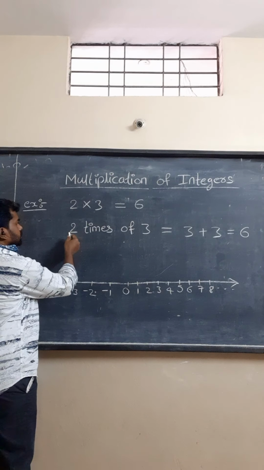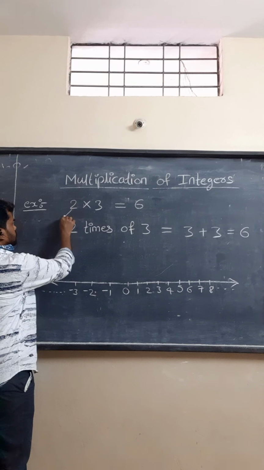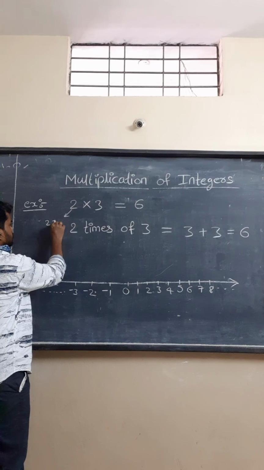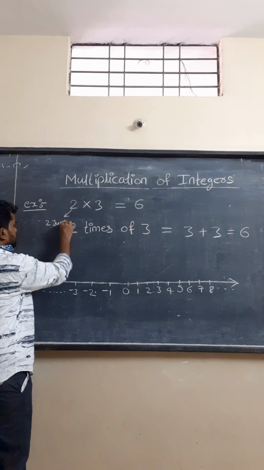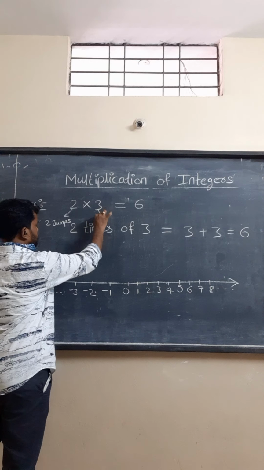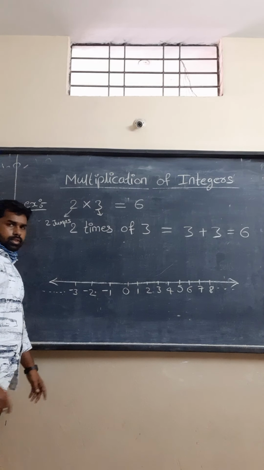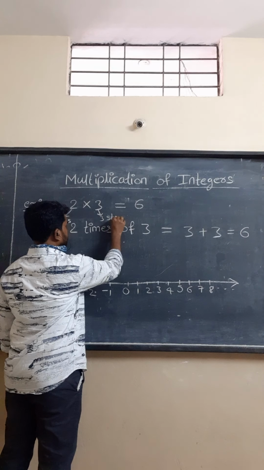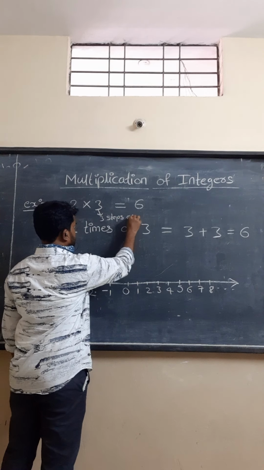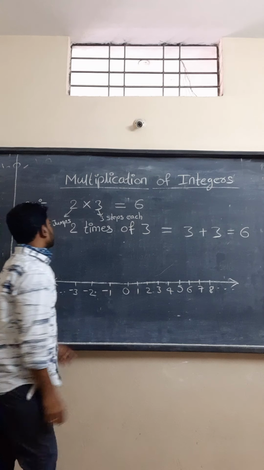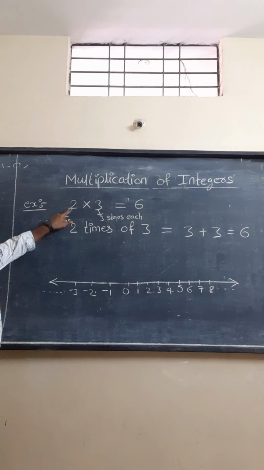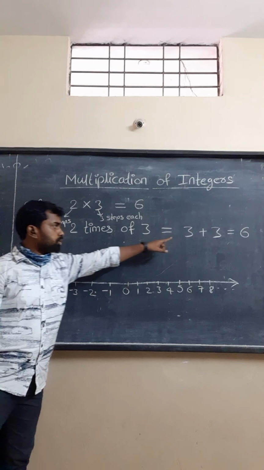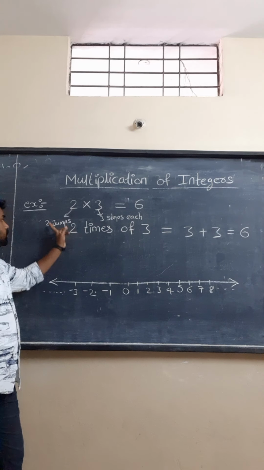So you can write here, this 2 represents 2 jumps, and this 3 represents 3 steps each. This first number represents the number of jumps, because 2 times of 3 is nothing but 2 jumps.